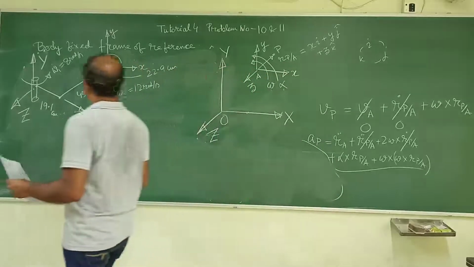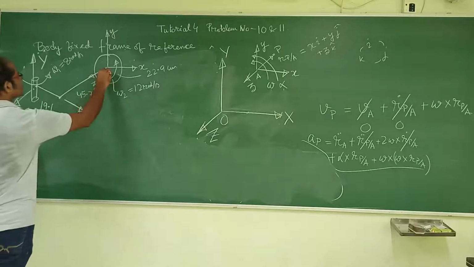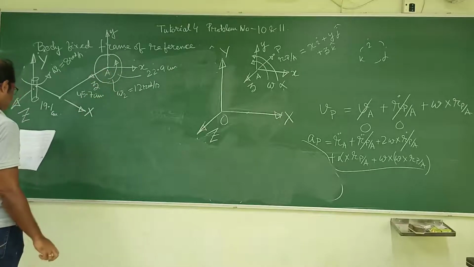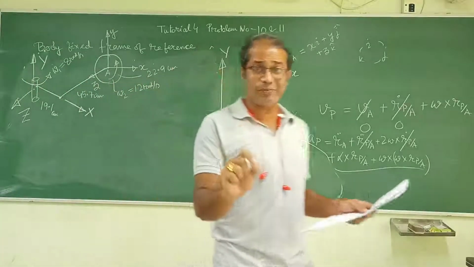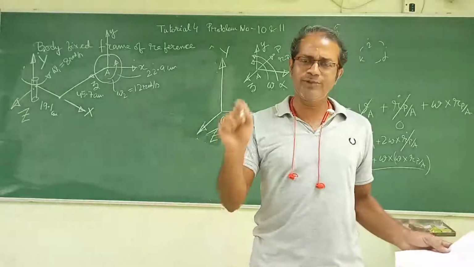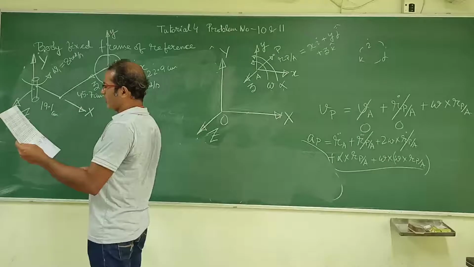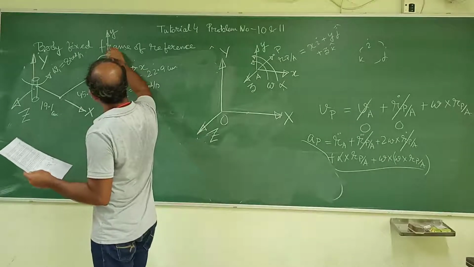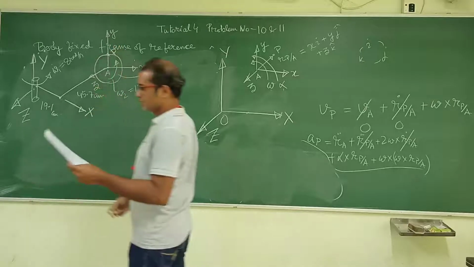Now let us find what is R. So this is my A point. Though this problem is asking for the acceleration of A point, for our understanding we will be just removing that. We will be considering A point as a P point. So over here, I will denote it as P point. Don't be confused.